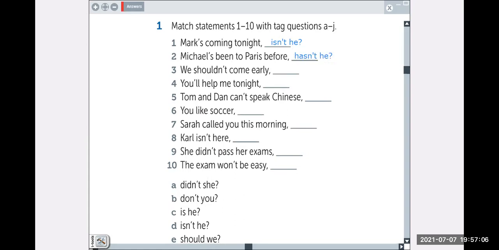Number 3, we shouldn't come early. Should we? You'll help me tonight, won't you? Tom and Dan can't speak Chinese, can they? You like soccer, don't you?